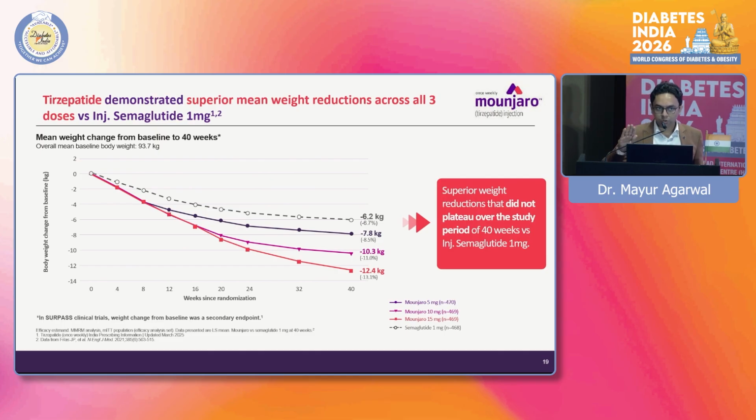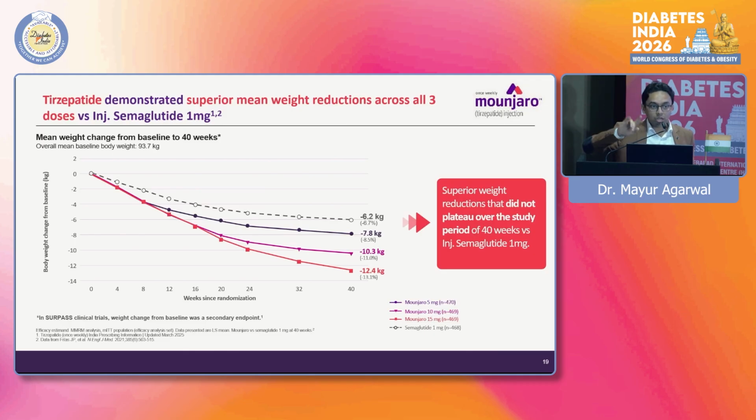Same way when you see the mean change, with 15 mg it was 13% weight loss, but this is for SURPASS 2. When you talk about the longest trial, even in non-diabetic obese patients, I'm talking about SURMOUNT 4, where they showed removing the drug in one arm versus continuing in the other arm, that trial is the longest trial at 88 weeks, where you can see a weight loss to the tune of 26%.